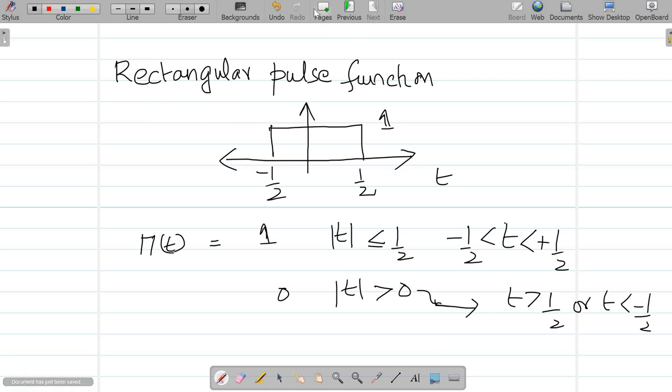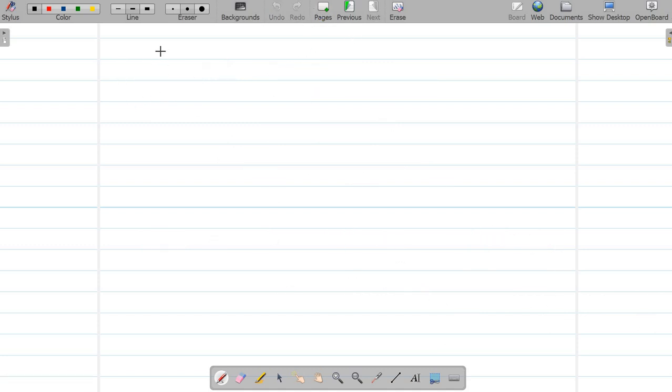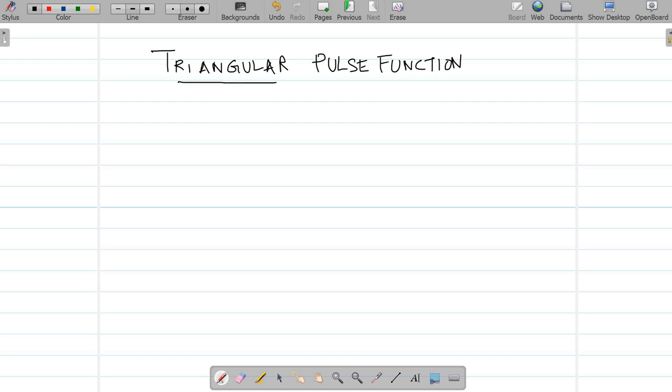We take up the next function, which is known as the triangular pulse function. Let me draw that.